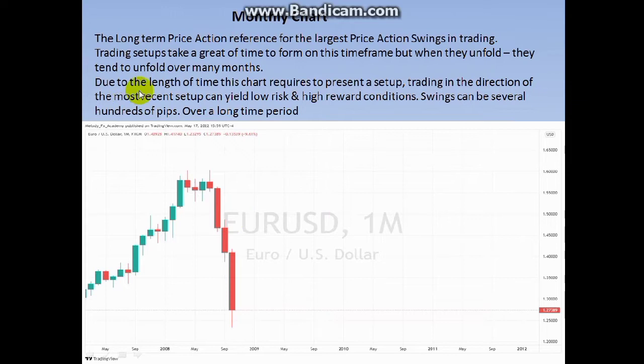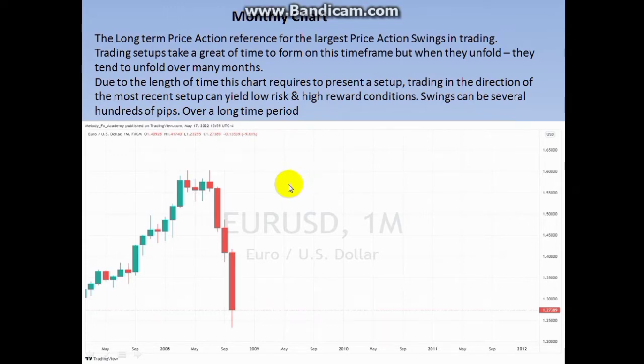Now, due to the length of time this chart requires to present a setup, trading in the direction of the most recent setup can yield low risk and high reward conditions. Swings can be several hundreds of pips over a long period of time, okay. So this is actually insane, guys.